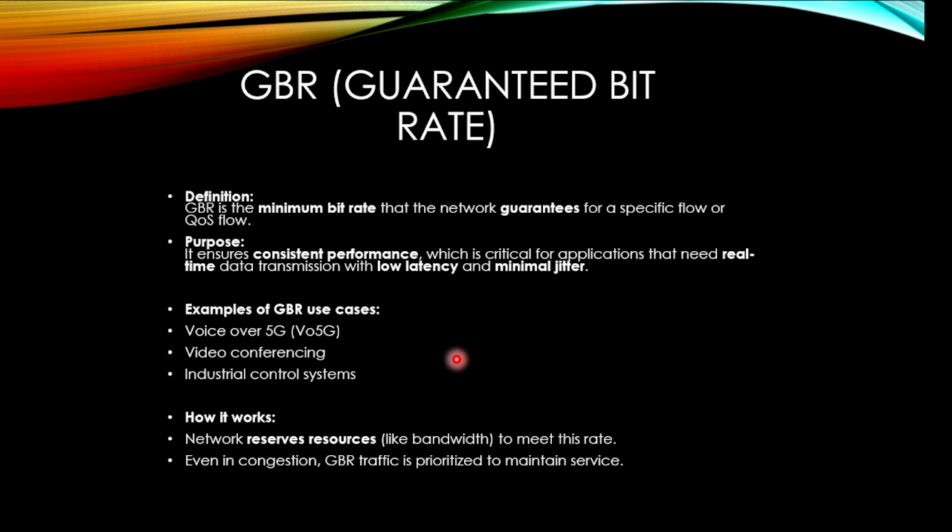So how it works: it reserves resources like the bandwidth to meet this rate, and this resource is guaranteed and is not distributed with other services. It's completely dedicated. Even in congestion, GBR can provide a good service by prioritizing the main service and dropping the packets of other non-primordial services.